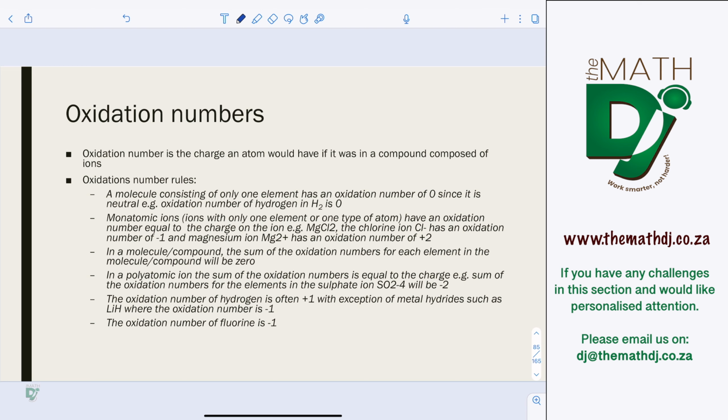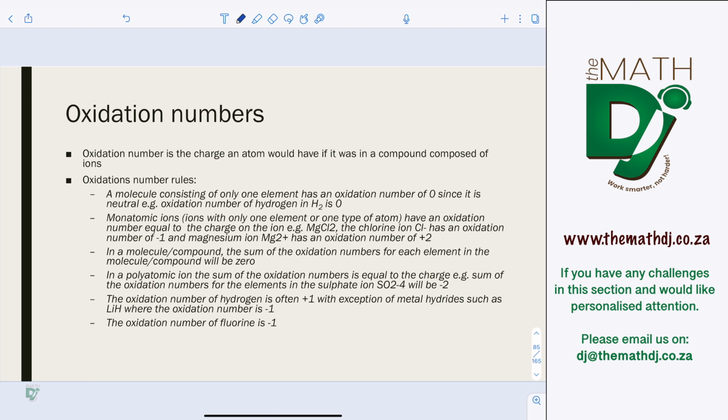In a polyatomic ion, the sum of oxidation numbers is equal to the charge, for example the sum of the oxidation numbers of the elements in a sulfate. So here, for example, SO4 2 minus, it's like this.